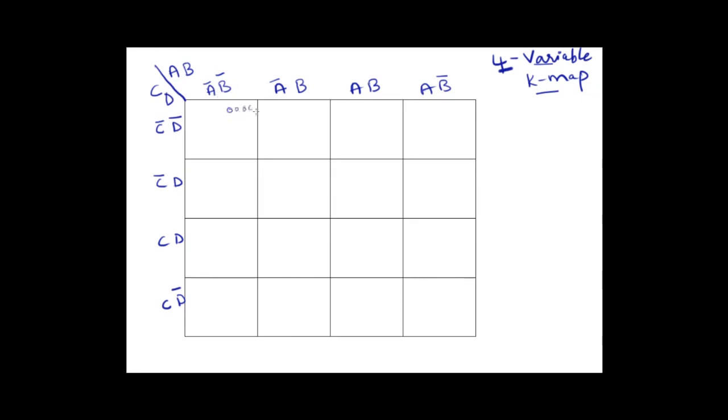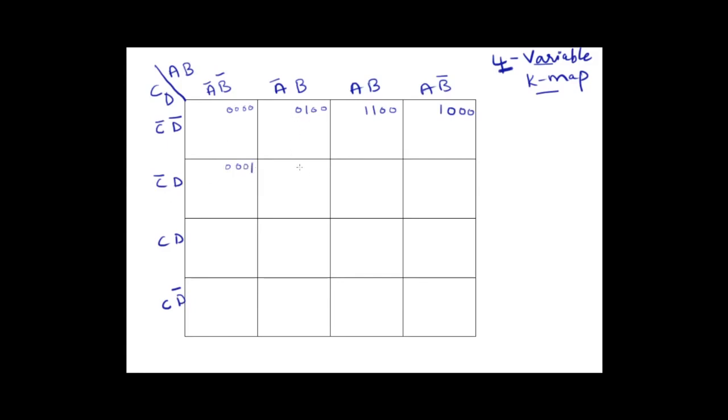So this cell A bar B bar C bar D bar, that means 0 0 0 0. This is 0 1 0 0. This is 1 1 0 0. This is 1 0 0 0. And here again A bar B bar, 0 0, C bar D, so 0 0 0 1.